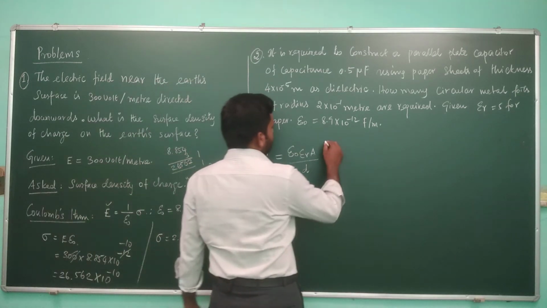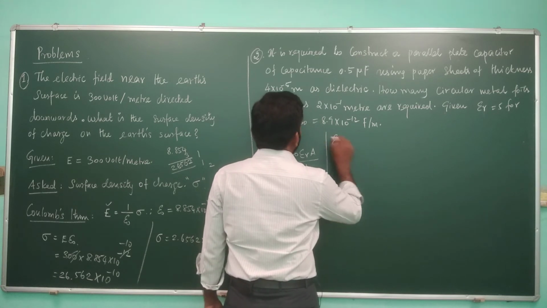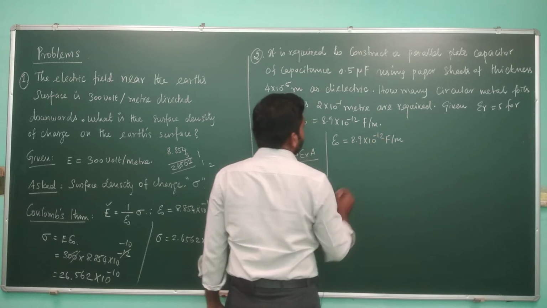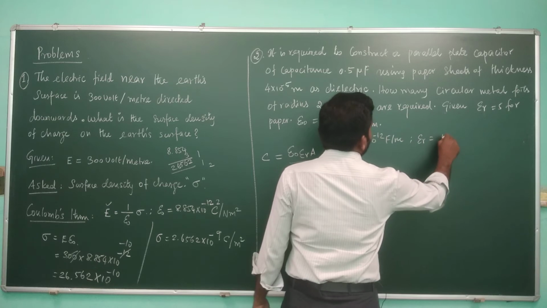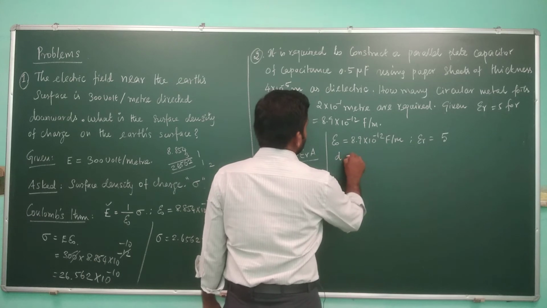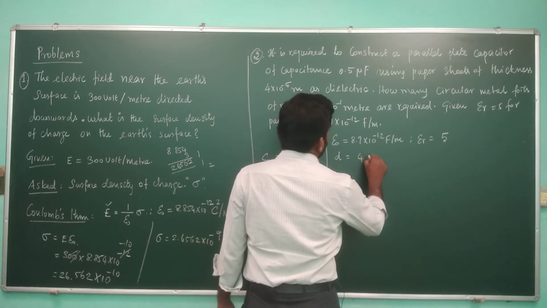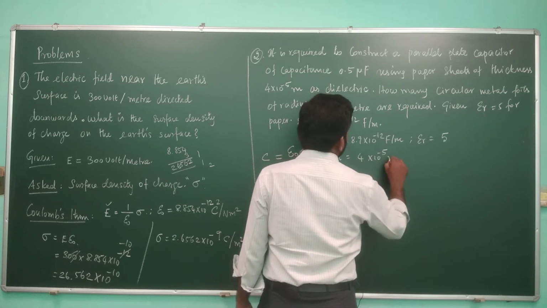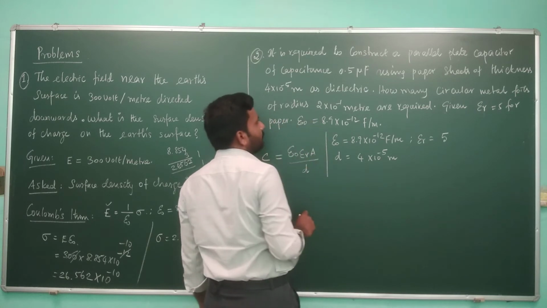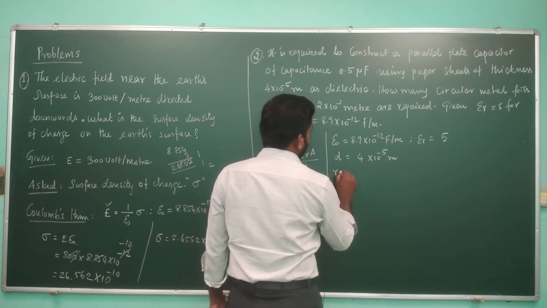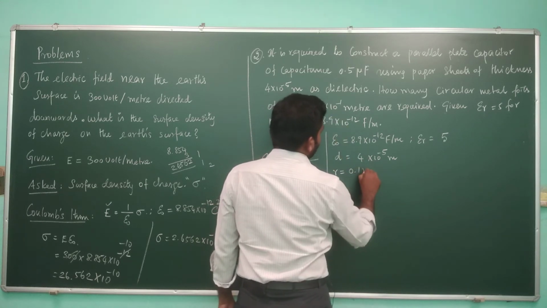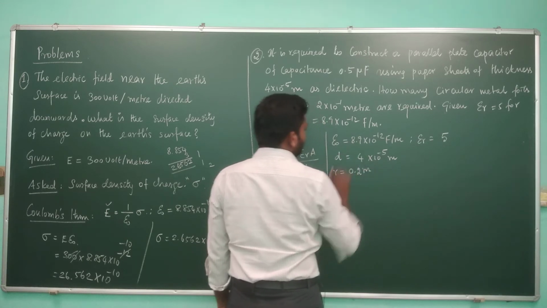Let us write what is given. Epsilon naught is 8.9 into 10 power minus 12 farad per meter, and epsilon r is 5 for paper, which is used as a dielectric. The thickness of the dielectric is 4 into 10 power minus 5 meter, and the radius of the circular foils is r, which is 2 into 10 power minus 1, you can write 0.2 meter simply.